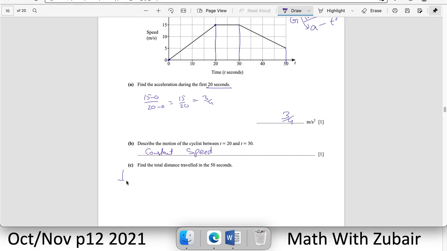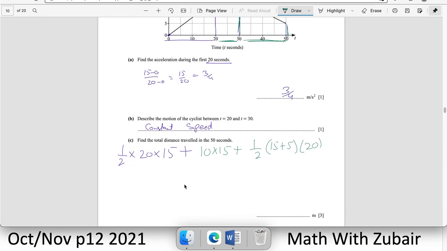So the first triangle is 1 by 2 times base 20 times height. This height is 15. Plus the second part, base is 10, from 20 to 30 base is 10, height is again 15, plus the third section, 1 by 2 times the sum of parallel sides, which is 15 and 5, times height, from 30 to 50, that is 20.